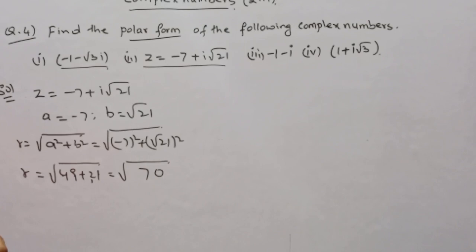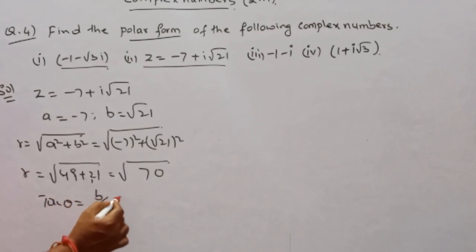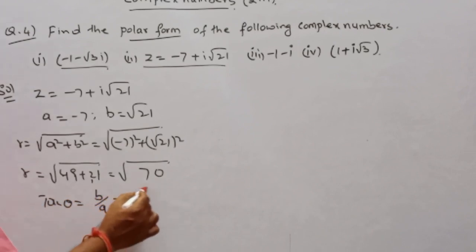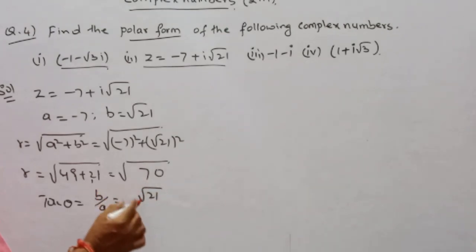Next, we have to find tan theta. Tan theta is equal to b by a, which is root 21 by minus 7.